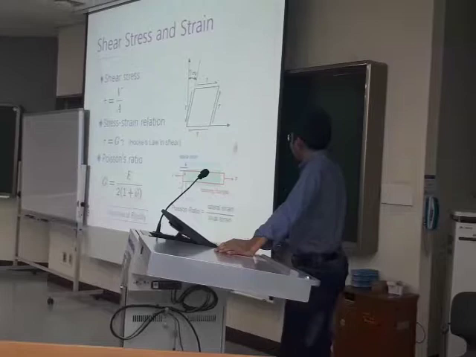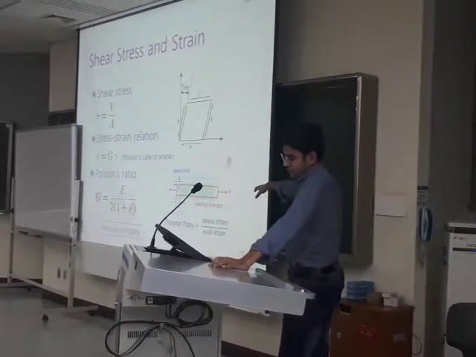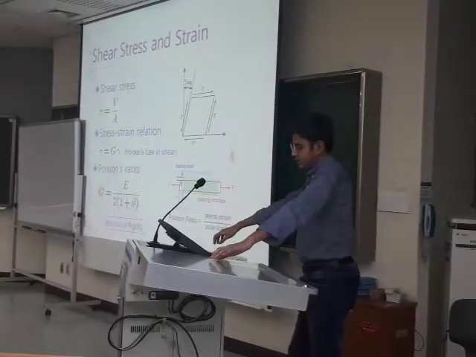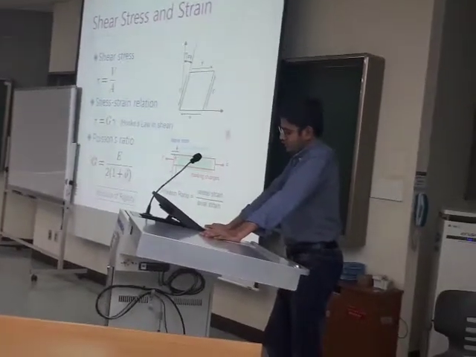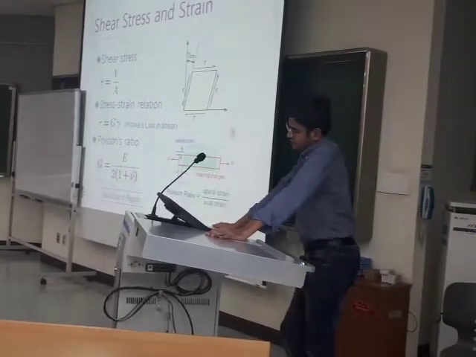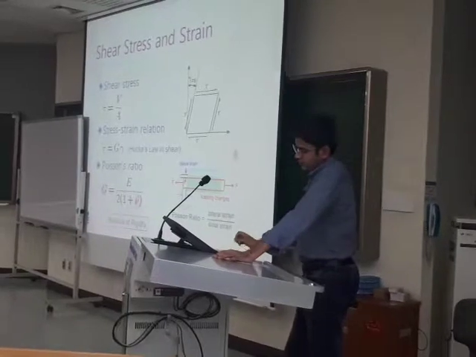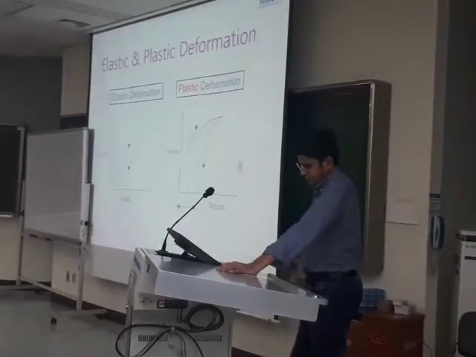When we are applying axial load on a simple bar, it is expanding in one direction but contracting in the other. So taking the strains of both and their ratio will give the Poisson's ratio.